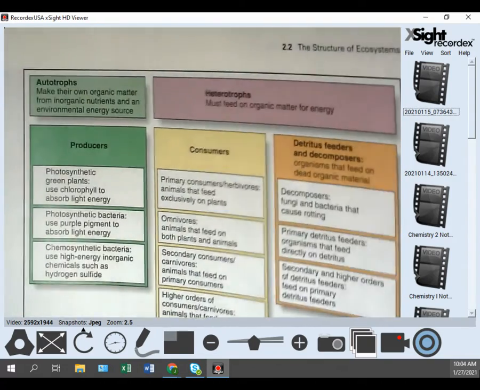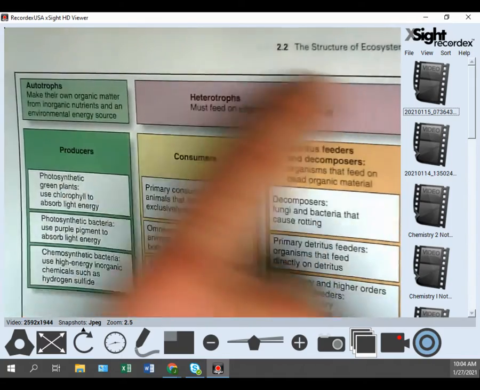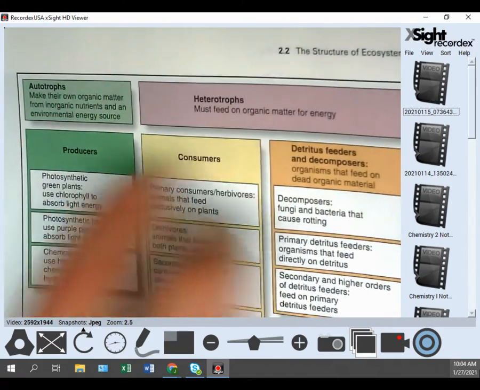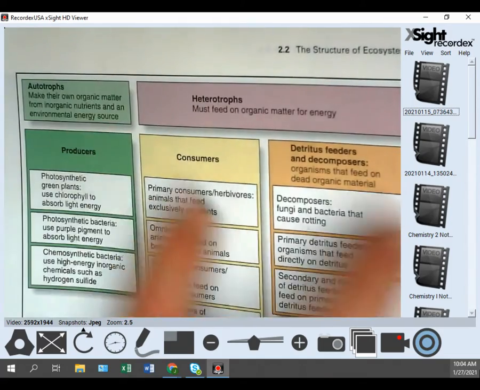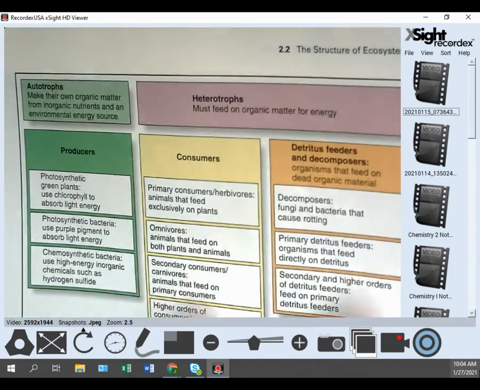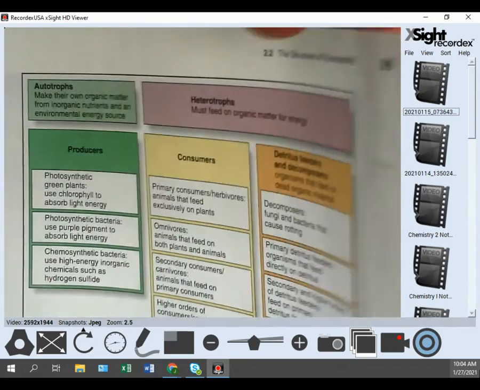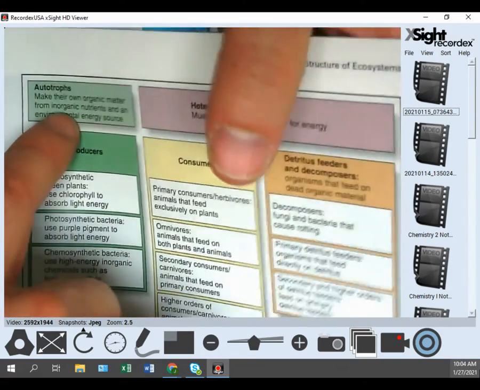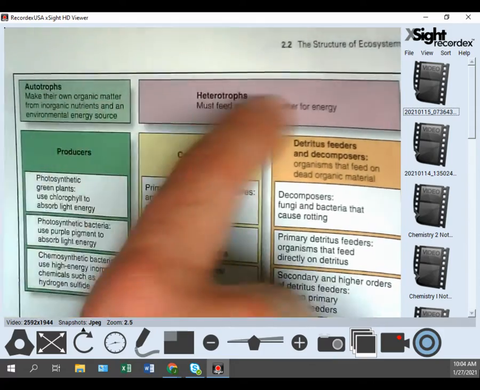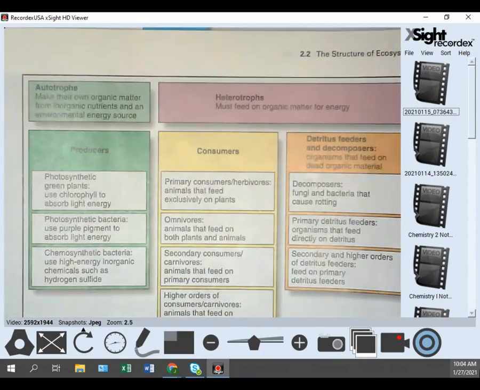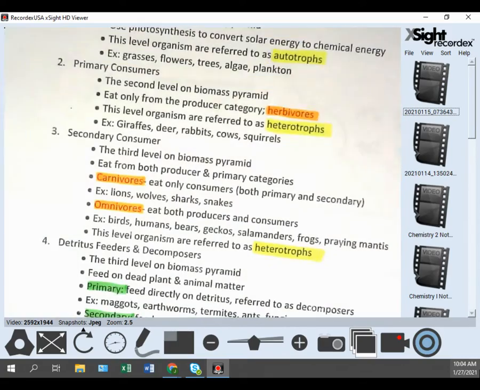Well, you can also do two more generic categories: autotrophs and heterotrophs. Producers are autotrophs, and basically everything else, the consumers and the detritus feeders and decomposers, are all heterotrophs. So your categories for number 7 on the homework are the autotrophs and heterotrophs. Okay, all right. So that's another way to classify.